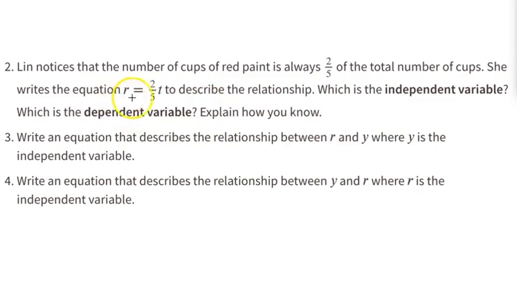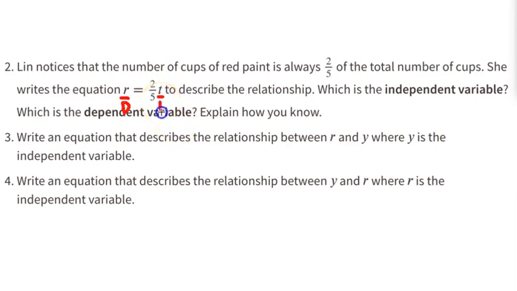So the independent variable is the total in this situation because it's what's getting multiplied. The dependent variable is the cups of red paint, because we need 2/5 of whatever the total cups is to give us whatever our red paint is.